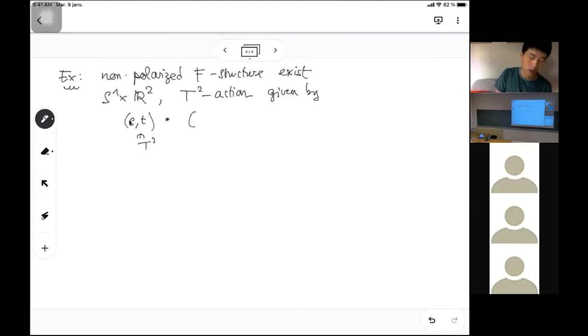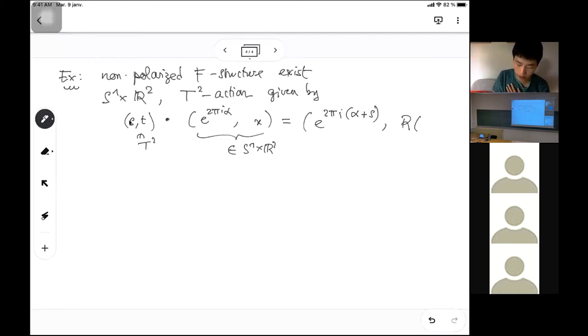It acts on an element of S1 cross R2 as follows. This is S1 cross R2, and it gives the new element. So as you might expect, you rotate in the S1 direction, and you also rotate in the R2 direction.